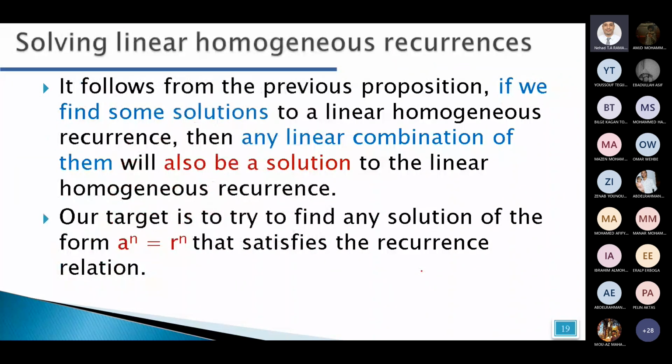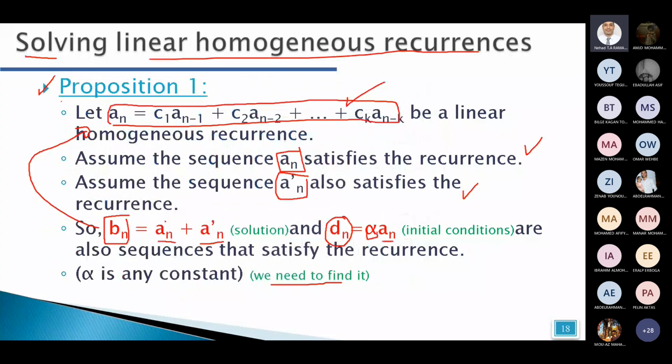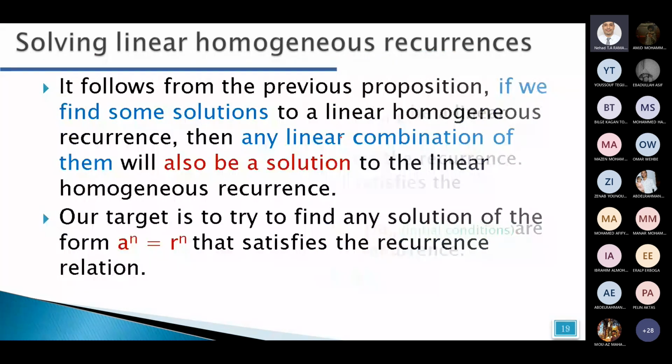But before the example, how do we find two or three or more solutions? Actually, if a recurrence relation is linear homogeneous, we can try to convert it into something called a characteristic equation, because we know how to solve equations like (x plus 1) all power 2 equals 0.